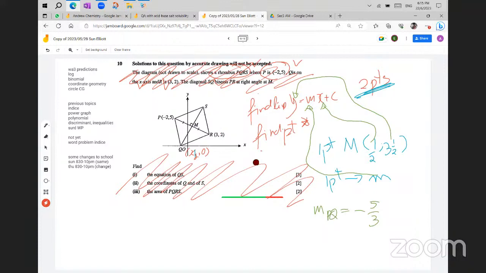The y. Then the y will be 5 and 2, correct? Let's keep it clear. What's the vertical distance between P and R? 3. Okay. But you put your rise as y. Correct or not?